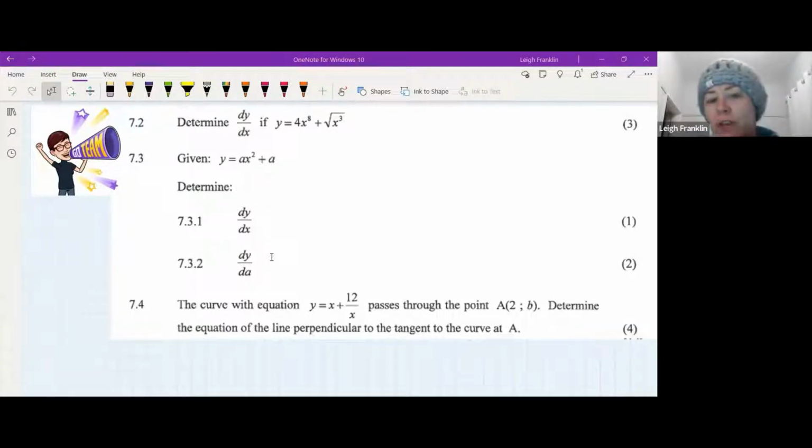Remember, you can only differentiate with respect to one variable at a time. So you are treating a like the x in this question, and x becomes your constant. But I'm going to show you right now, Tisha. I'm going to do that with you, and then we're going to do 7.4.